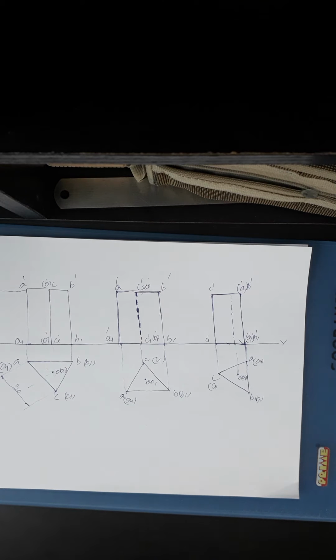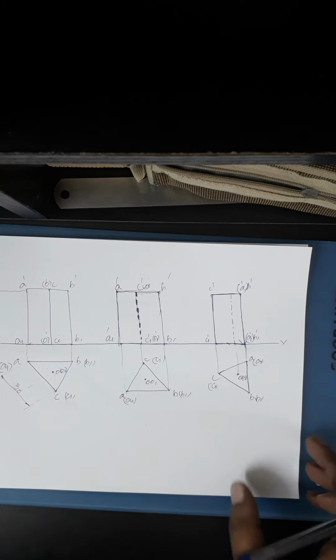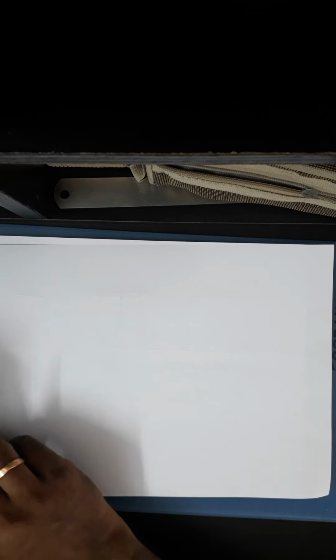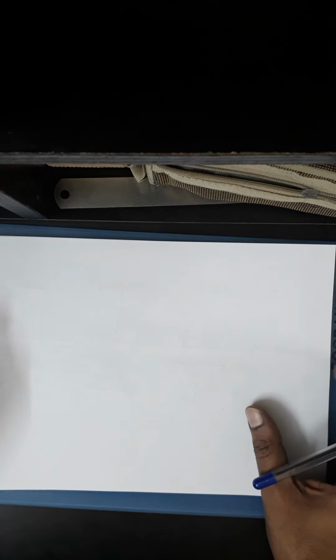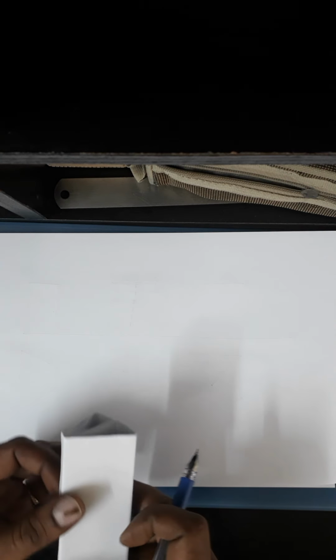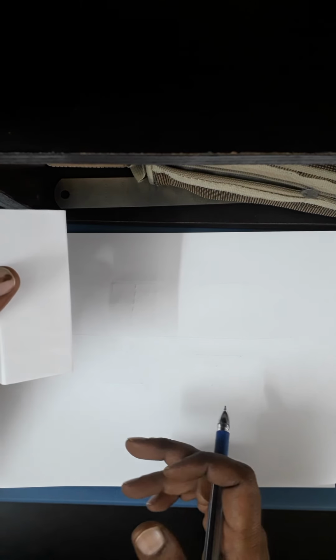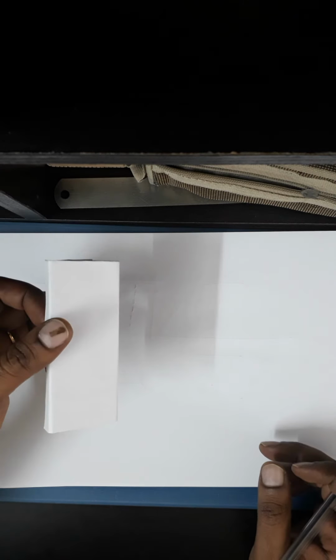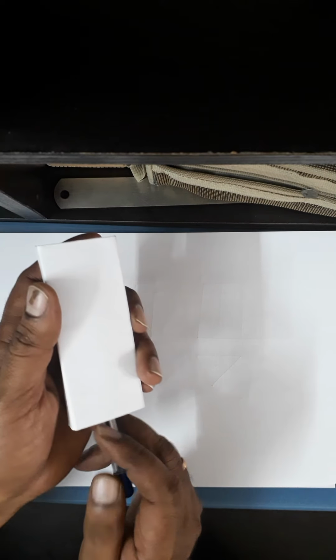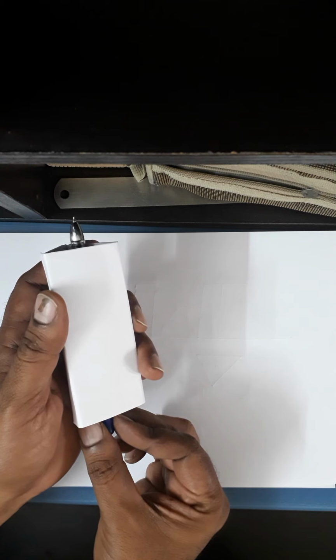In the same way, I can have the solid kept in VP with its axis in VP. Something like this, okay? If you imagine this as VP, then I can keep the solid something like this, where the axis will be perpendicular to VP.